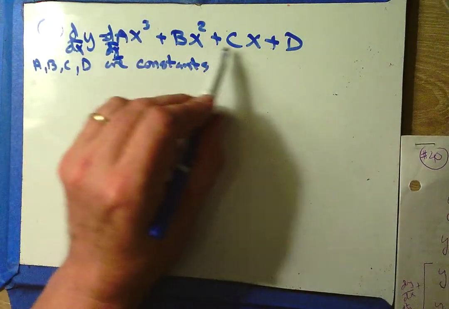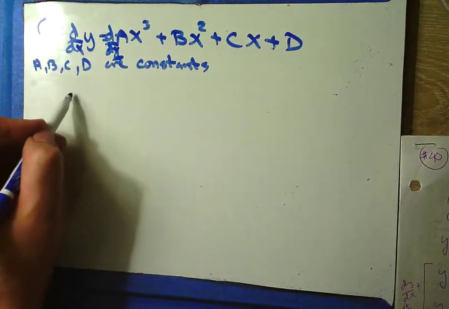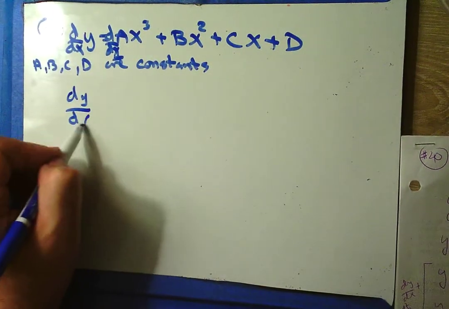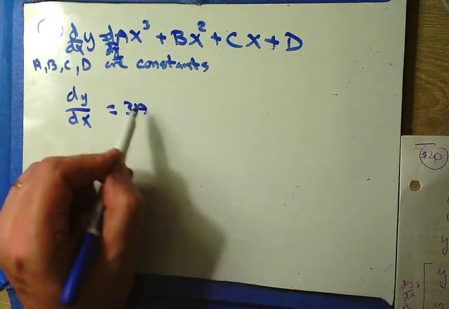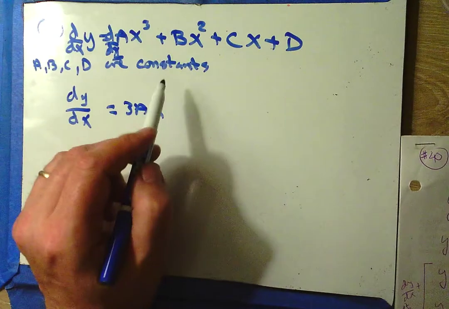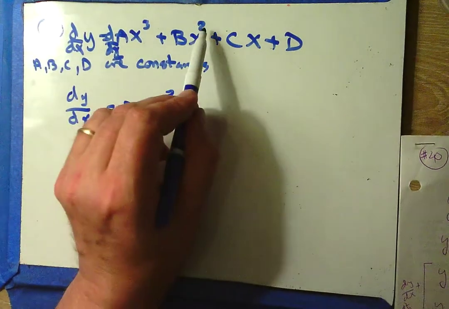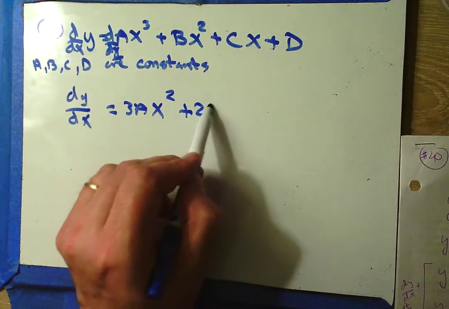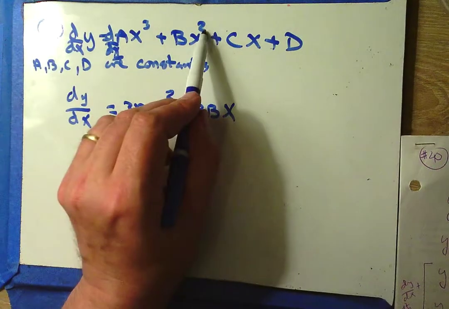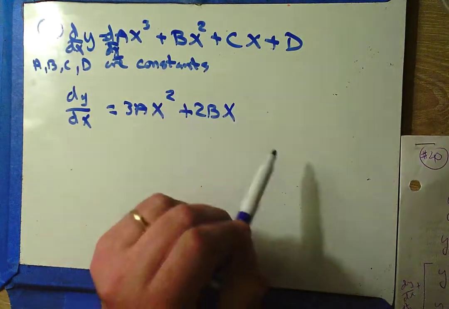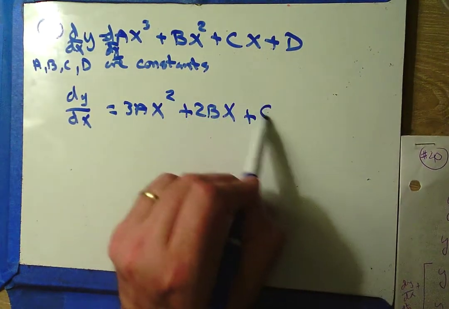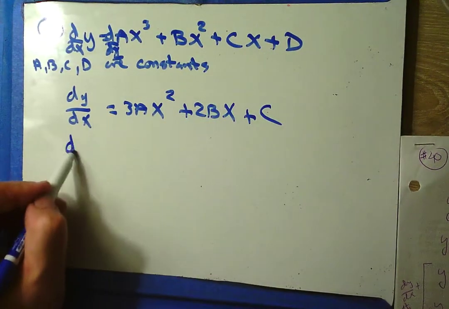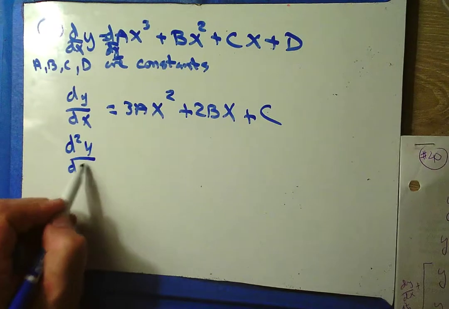X is the variable we're taking the derivative with respect to. So dy dx here will be, bring down the 3, 3a x subtract 1, plus, bring down the 2, 2b x, because we're subtracting 1, it's just going to be x to the first, and the derivative of cx, which is linear, is c.